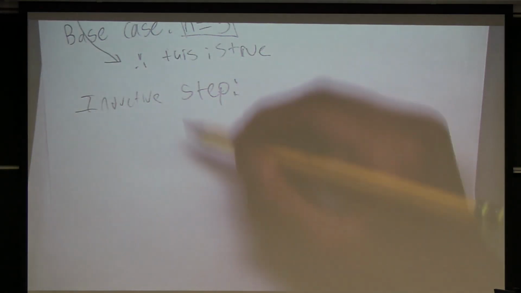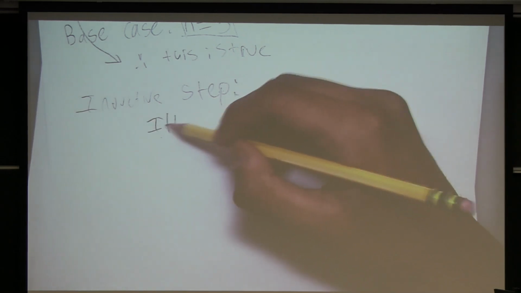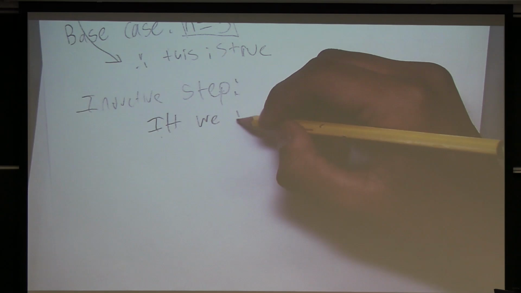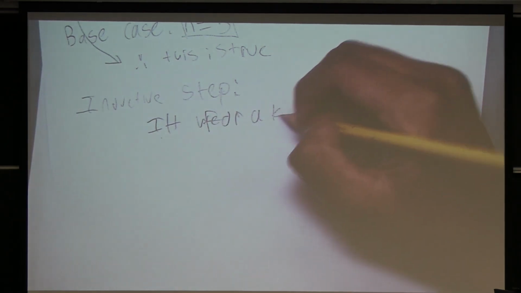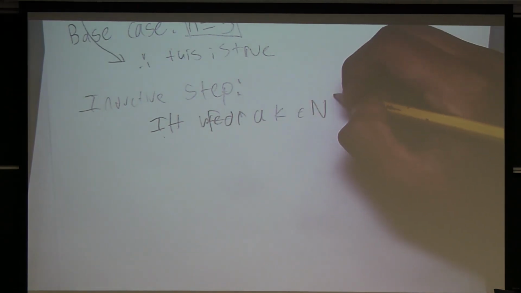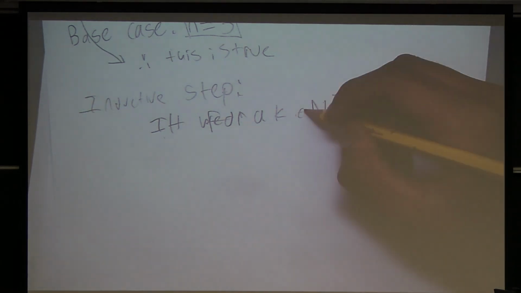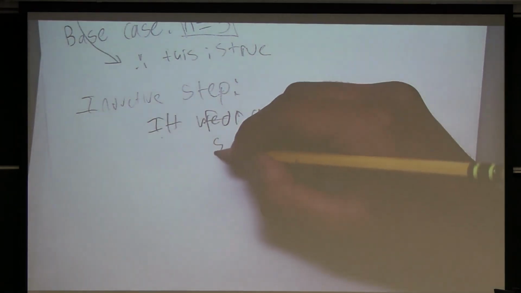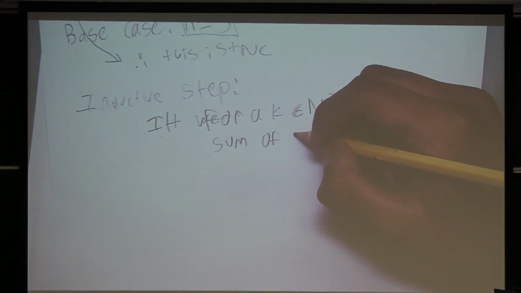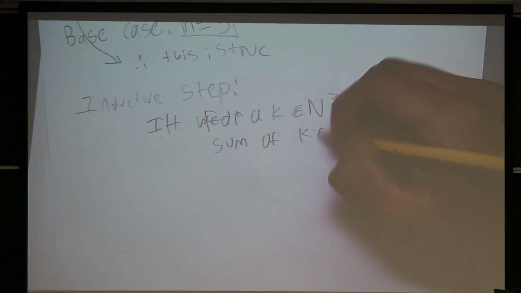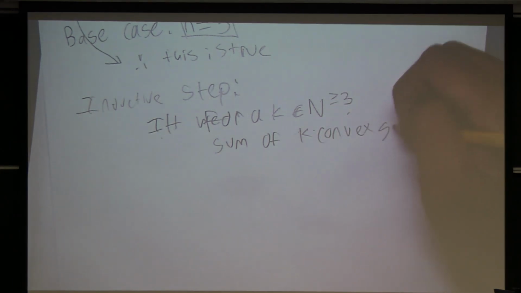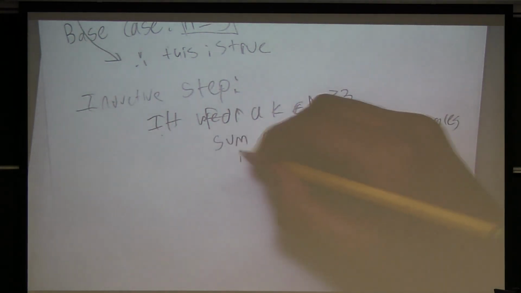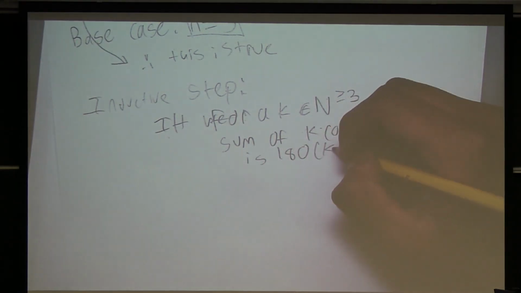In our induction hypothesis, we will assume that for a k belonging to n greater than or equal to 3, the sum of the angles is 180 times k minus 2.